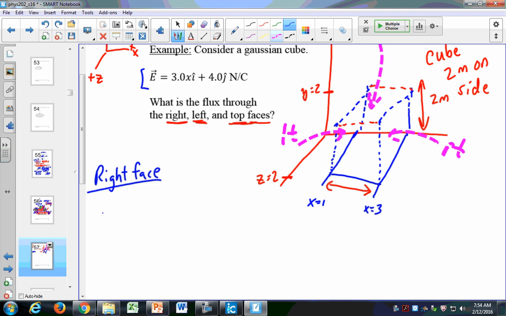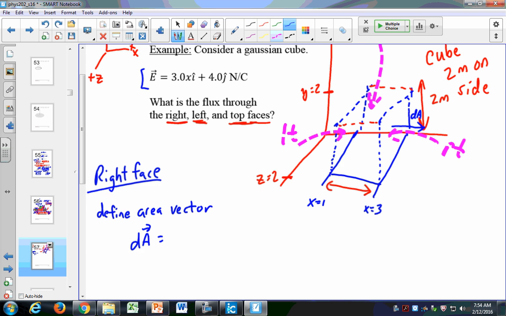First of all, I want to define my area vector. That is dA. And dA for the right face, my area vector, is going to look like this. Remember, my area vector is always perpendicular to the surface, and it's always pointing away from the surface.